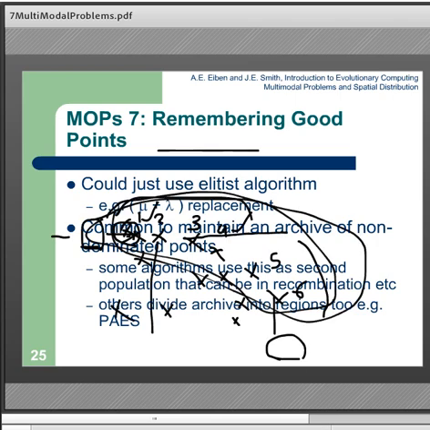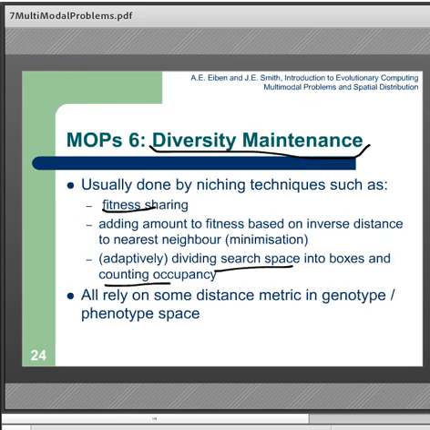Multimodal is a problem that has more than one solution, or it has one best solution and one or two or three very good solutions. Another type of problem that we refer to in this section is multi-objective. What is a multi-objective problem?